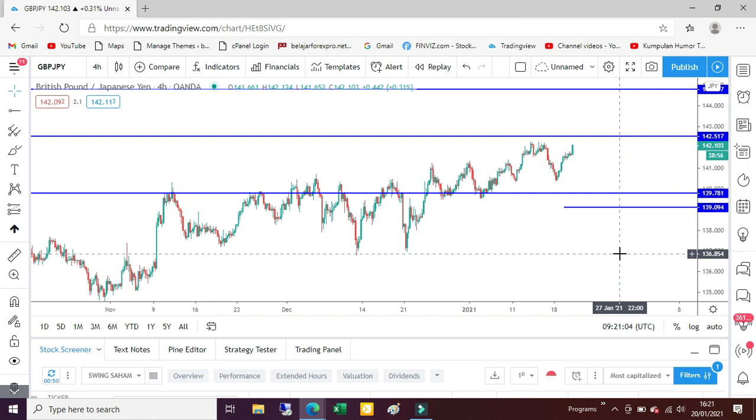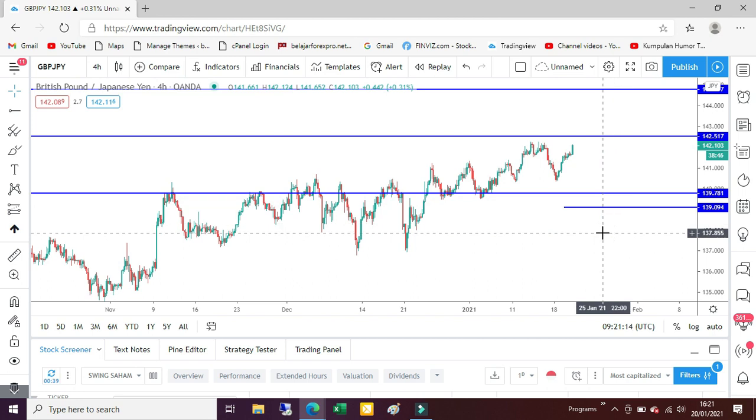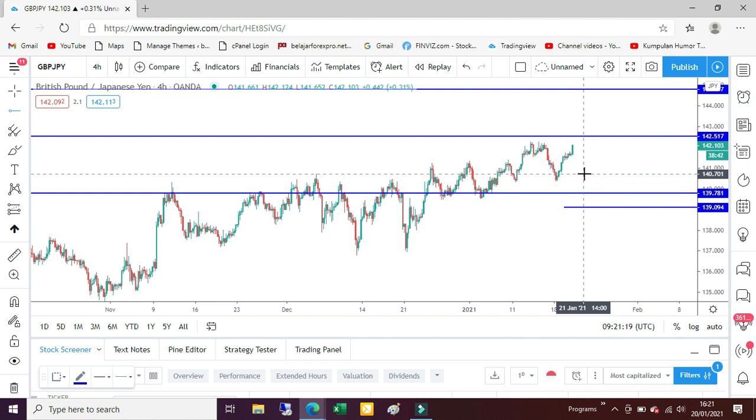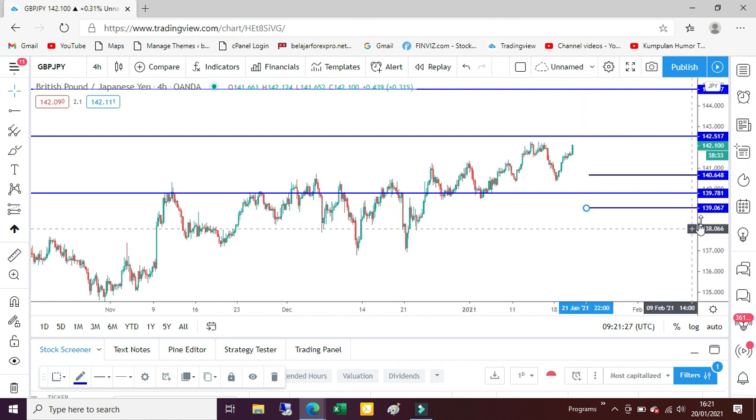Okay, the first scenario I buy here at 139.781, and my first target here, and we have to set the stop loss here.